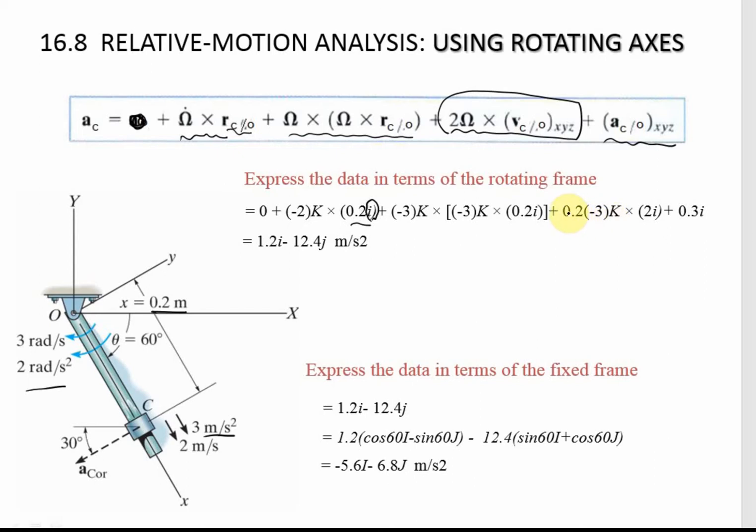So I think this one should be 2 times, and then minus 3k cross product 2i, and so on. So you have this answer for acceleration. So acceleration of C is in meter per second squared, like that. But again, if you want to change to capital I, J, then you can simply convert small i, j, which means we express the answer in terms of the fixed frame, which is capital I, J.